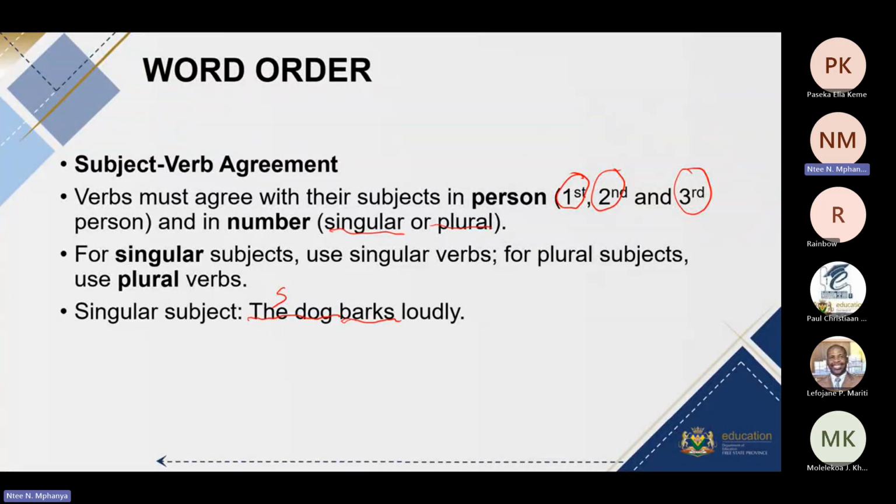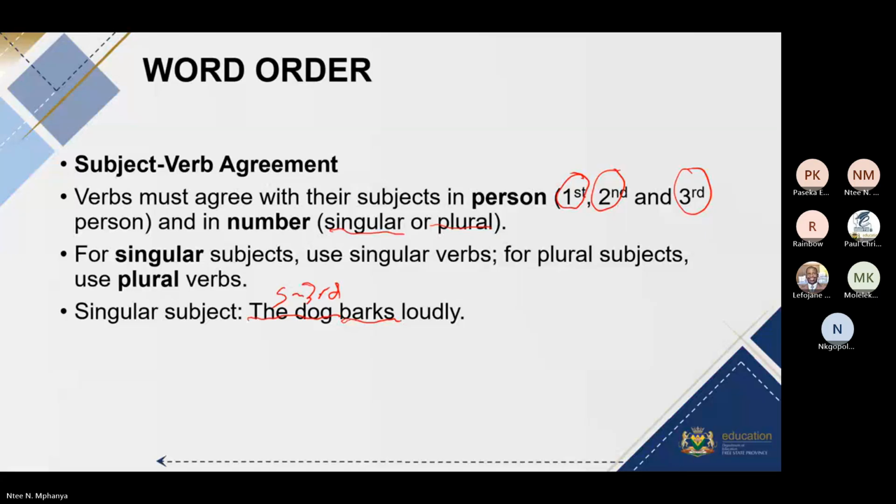The dog, one dog, barks loudly. And our dog is a subject in third person. So it is our subject, which is singular, in the third person. Remember what we said? We said it must agree in person and in number. Therefore, we have the dog, which is singular, and then we have the dog again, which is third person.